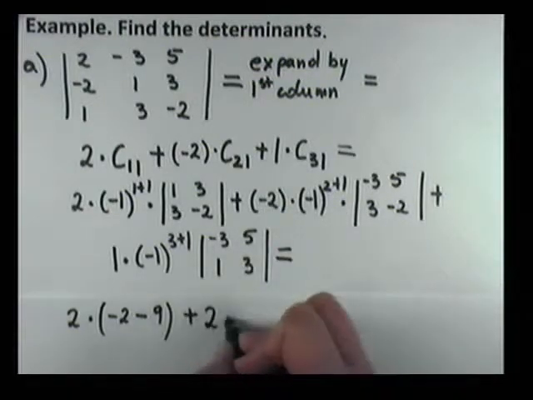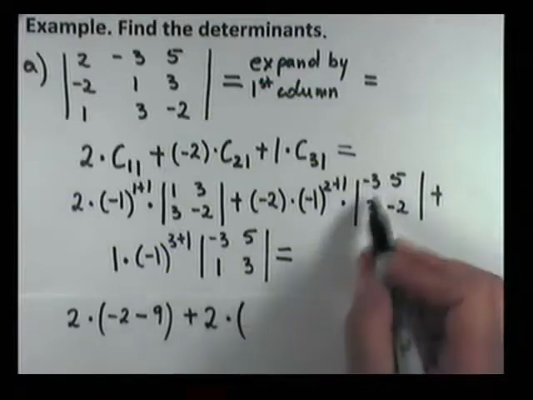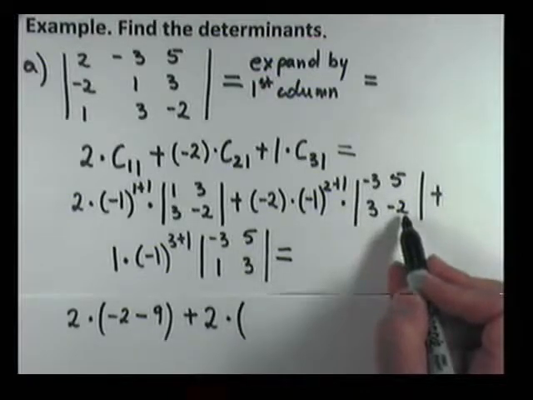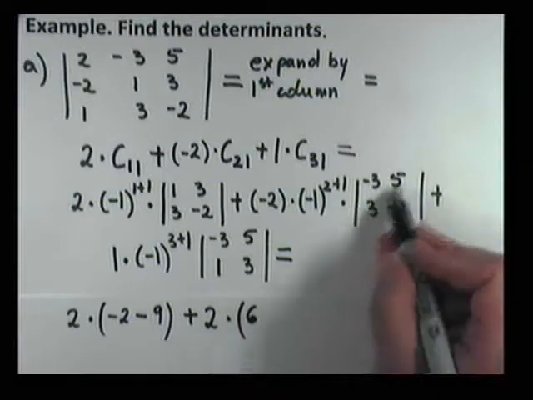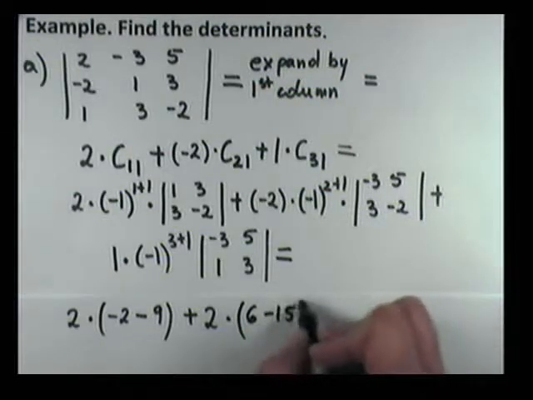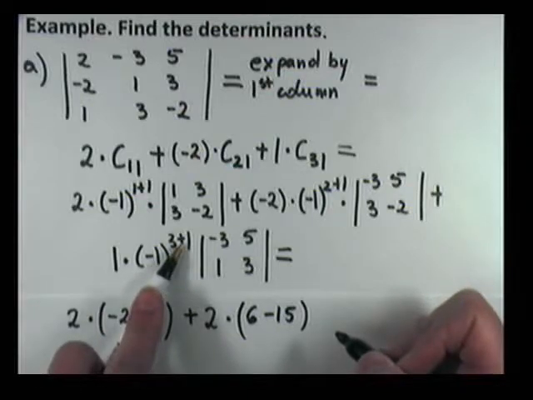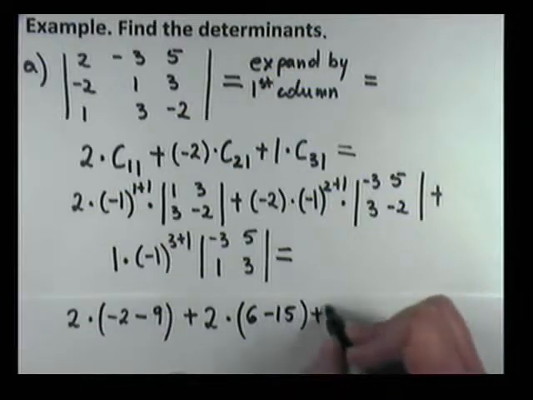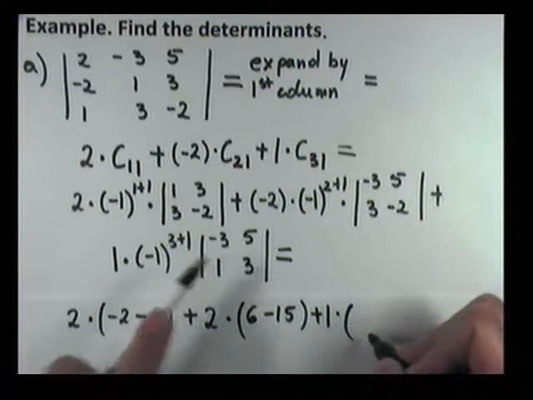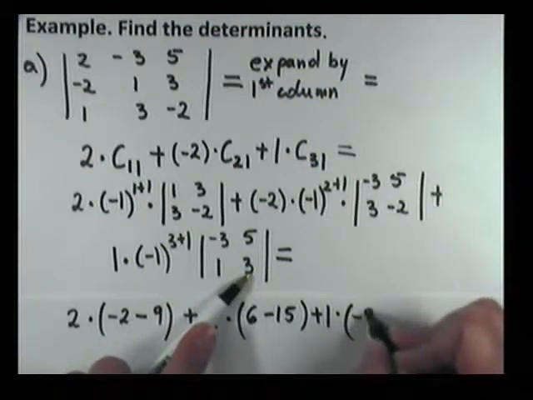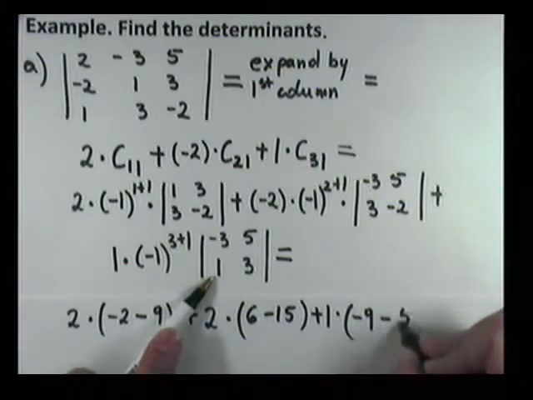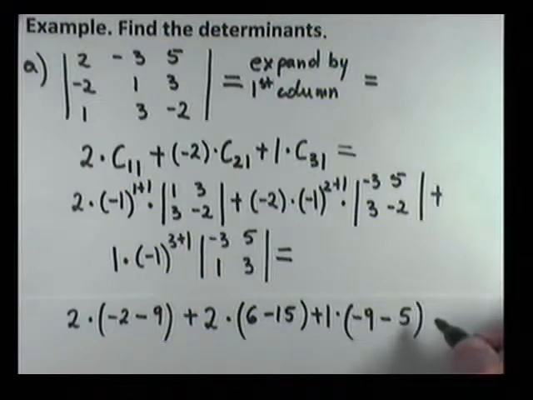Cross multiply. Minus 3 times 2 is minus 6, so positive 6 after subtracting. Subtract what's in the other one, which is 15. And then we have minus 1 to the power 4, which is positive 1, so we have plus 1. Cross multiply is minus 9 minus 5. And work this out.